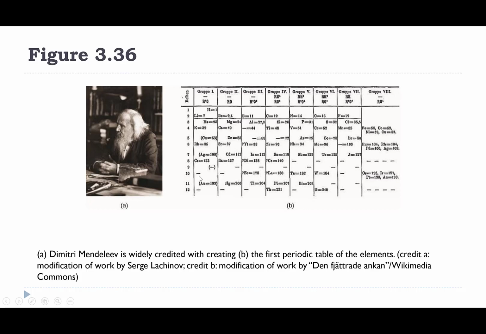Here's where we see those spaces that he left. So we see spaces kind of all scattered throughout. So for example, if I know aluminum and its properties, I know something else is going to look a lot like aluminum and have a lot of similar properties. It's a lot easier to predict and set up experiments to find that. So here's kind of the beginnings of the periodic table.